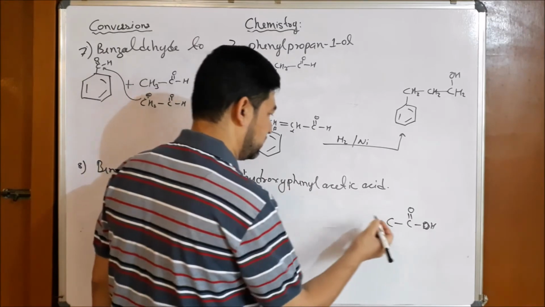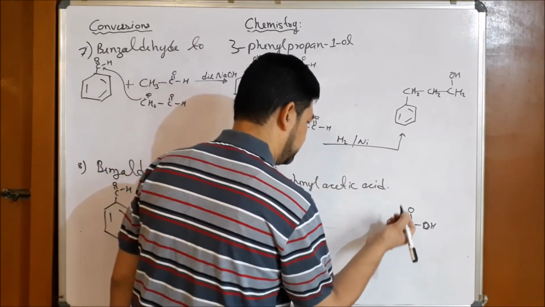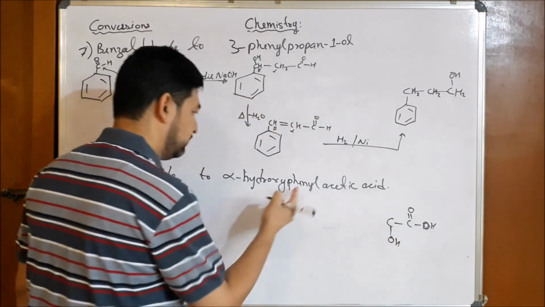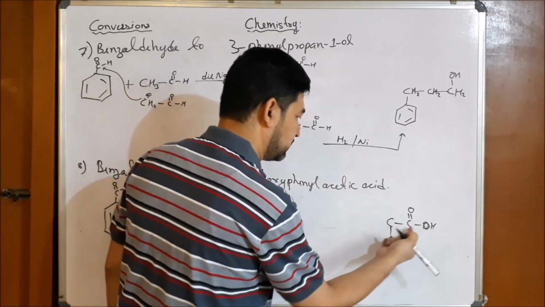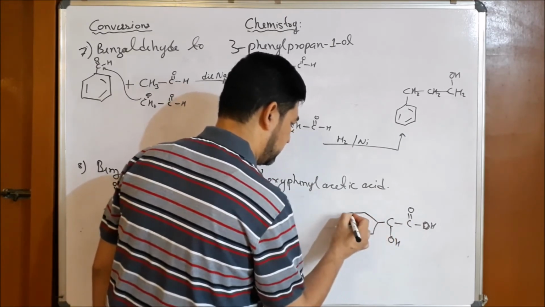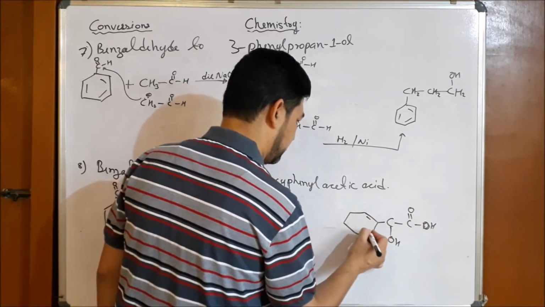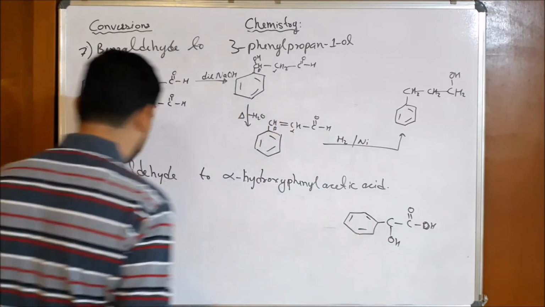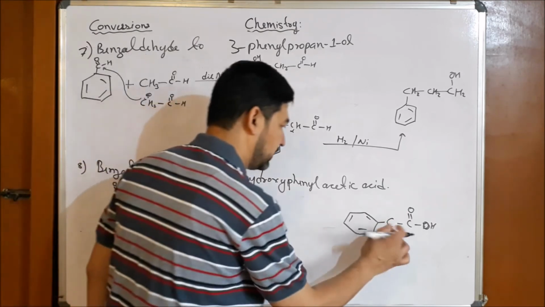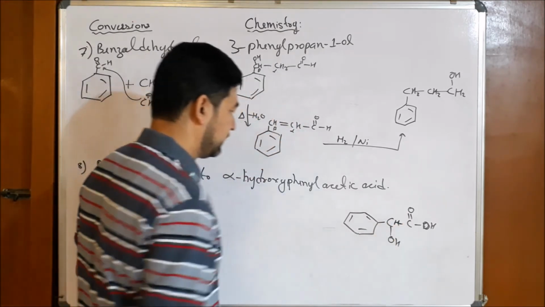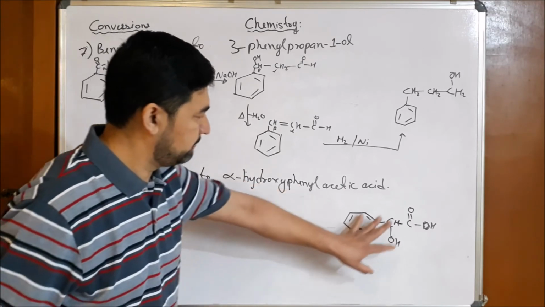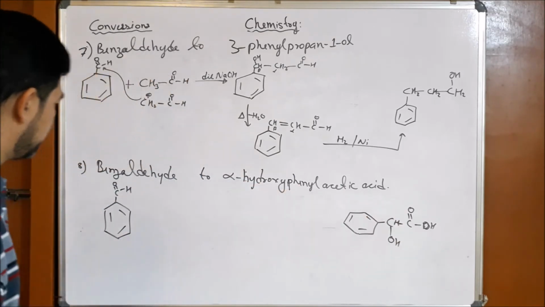Alpha has a hydroxy group, so I'll write OH here, alpha, and phenyl. Phenyl here, because all other positions are filled. So it's a phenyl, and one hydrogen is here. So this is your alpha hydroxy phenyl acetic acid.